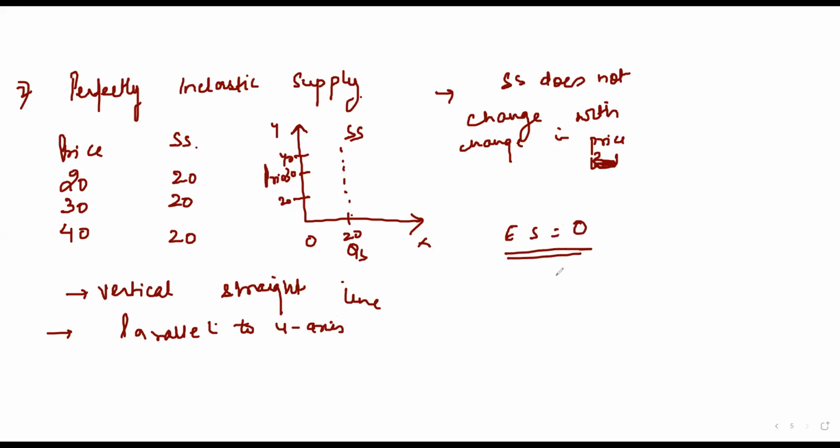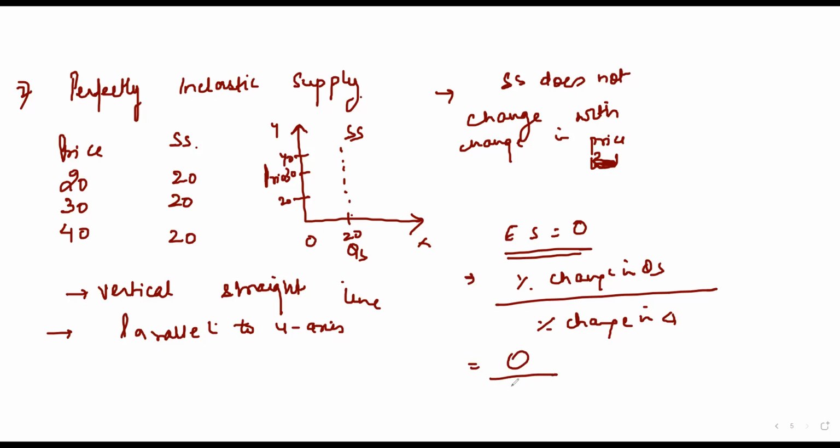Let us vouch for that also. See, percentage change in QS upon percentage change in price. So what do you observe? Is there any percentage change in QS? No, that itself is 0. So 0 upon 10 in our case. So that becomes 0. Got it?